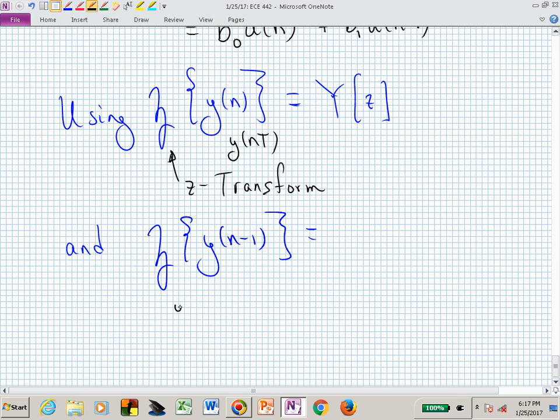Or if we wanted to think of it, this is now n minus 1 times capital T. This capital T may be implied in our expressions for y.